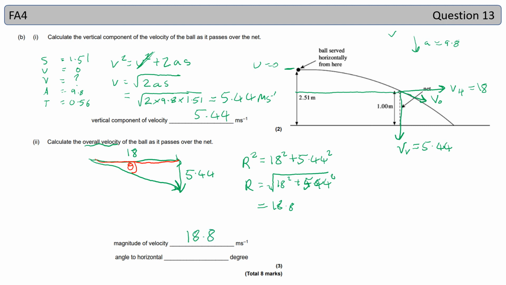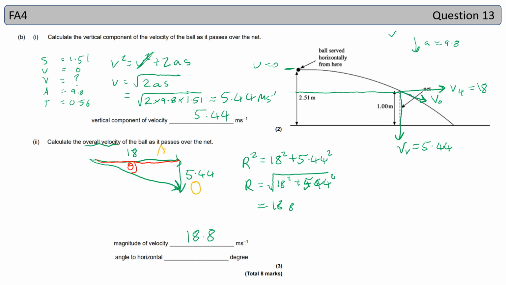Now I need to work out this angle here. And I want to use at least the value that's given in the question, because that's the one that there is less ambiguity about, because I haven't calculated that. So for this one here, because when I worked out my hypotenuse, that was being worked out using an already calculated value, it's less imprecise to use my opposite and my adjacent.